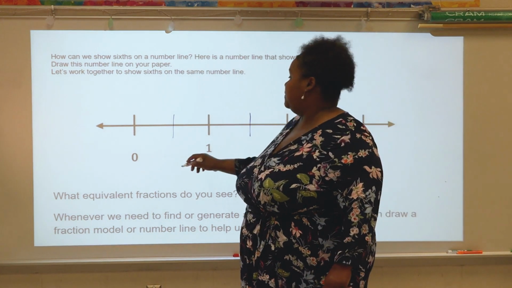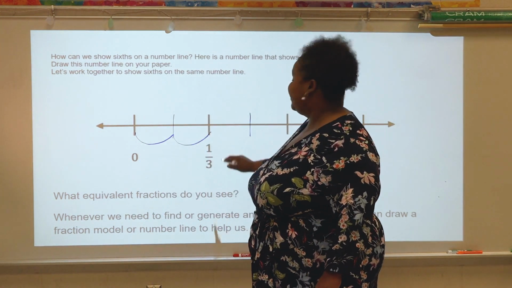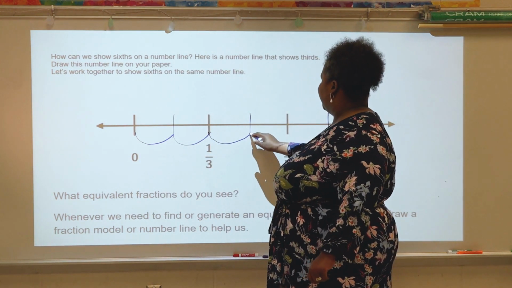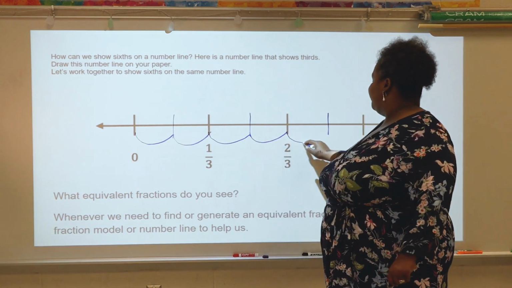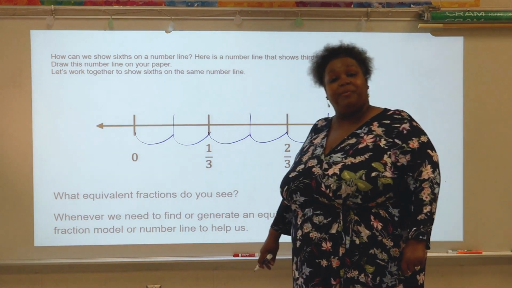I'm going to do my loops. 1, 2, 3, 4, 5, 6. I have 6 equal pieces.